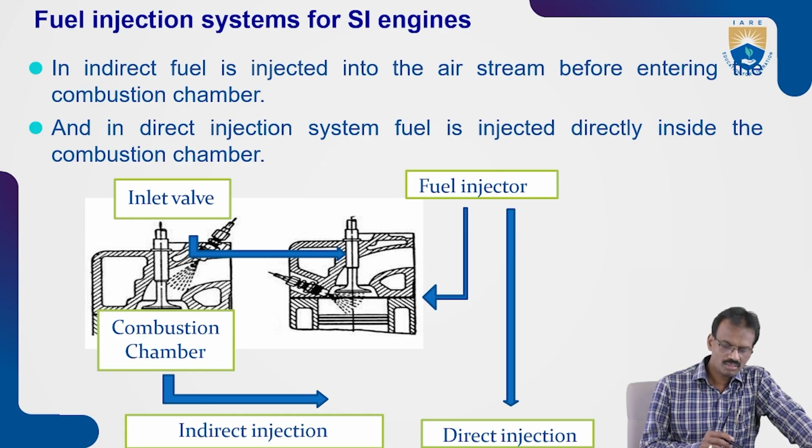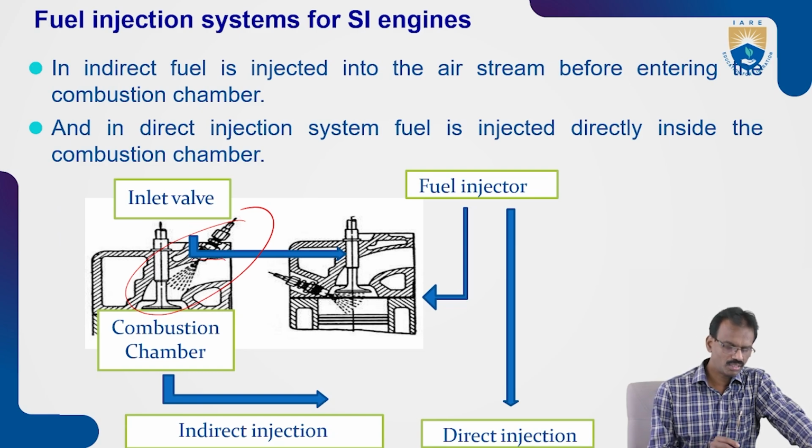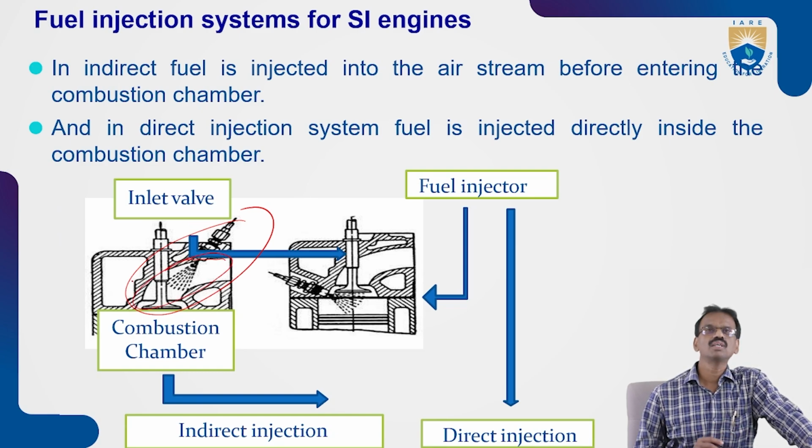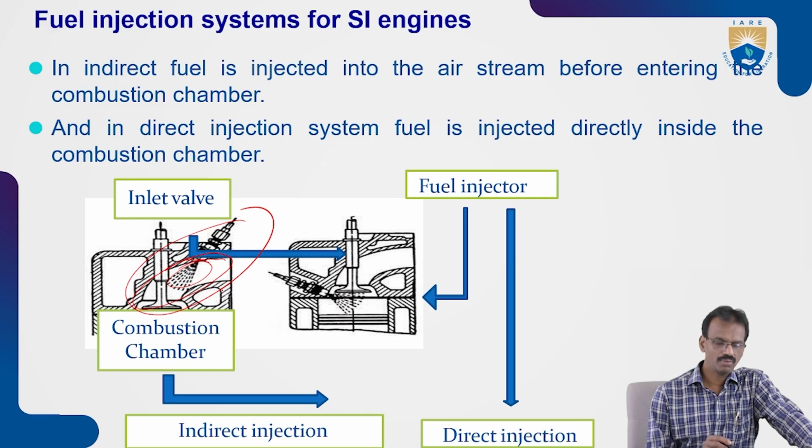So this one is the indirect injection system. You know that this is the inlet manifold, so the air-fuel mixture is injected into the throttle of the manifold or inlet manifold. Through this inlet manifold, the air-fuel mixture is taken into the combustion chamber.